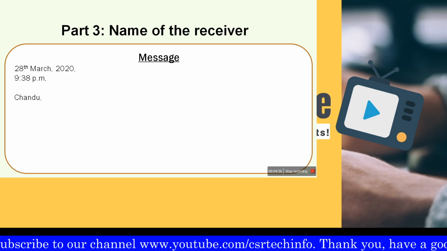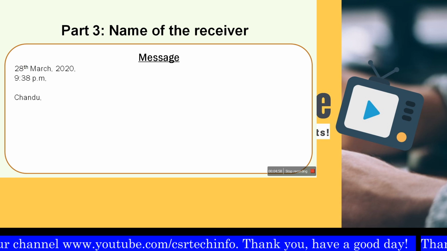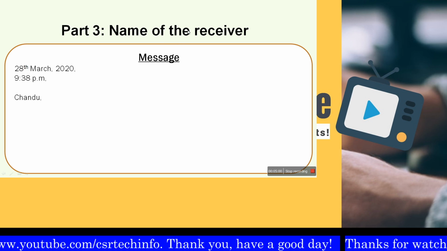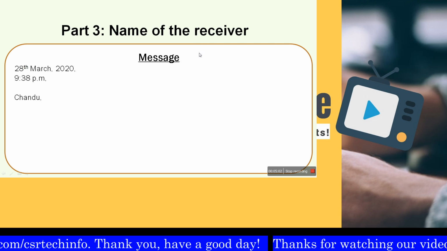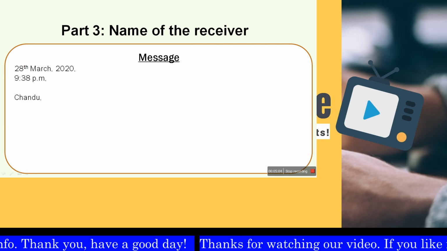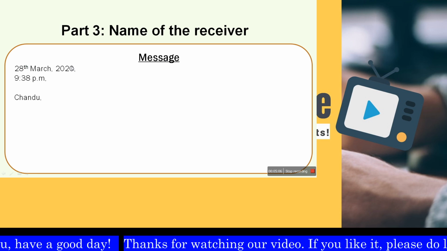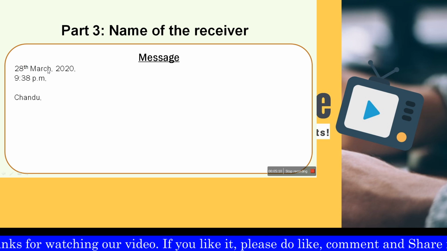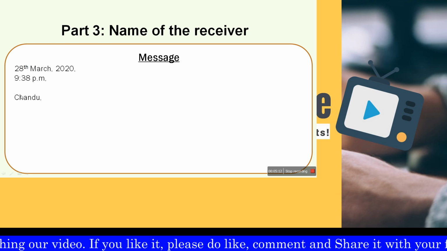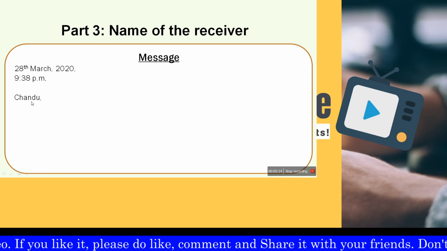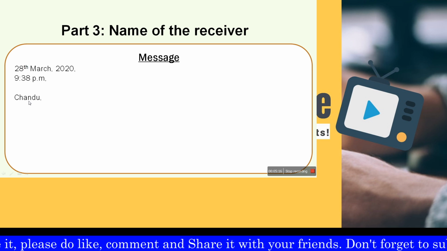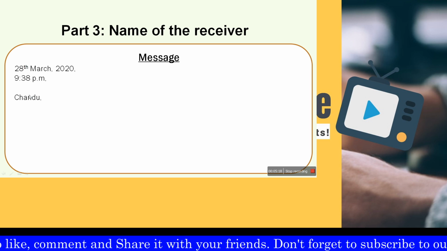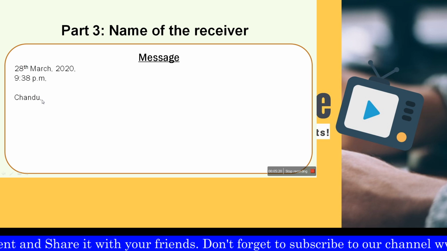Now part 3 is name of the receiver. It means to whom you are writing this message. This is the first part, heading. Second part, time and date. Here time should come first and then date. Third part is the name of the receiver, to whom you are writing. His name you have to write here, followed by a comma.